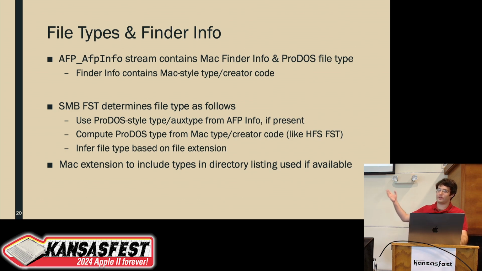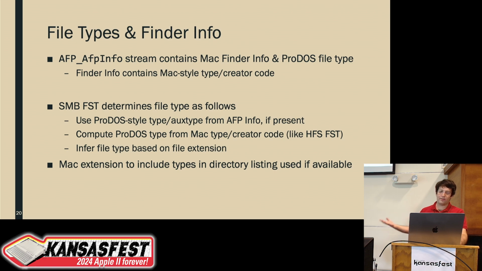It contained what's called the type creator code, if you're familiar with that from classic Macs. And essentially there's a defined convention for mapping between that and the IIGS style file type, which is done like in the HFS FST. So you can represent it that way. So there's another alternate data stream by convention that holds that Finder info, and it can also optionally directly hold a ProDOS style file type.